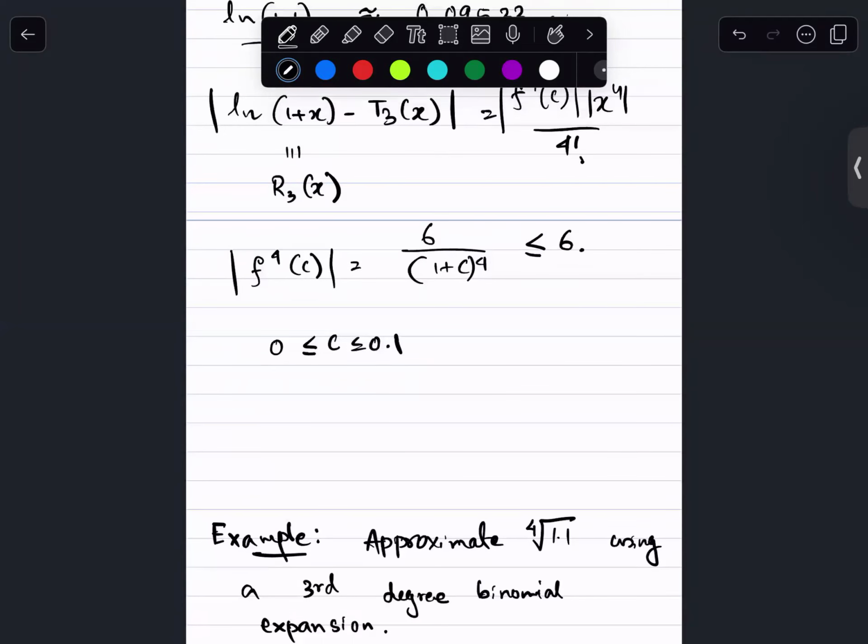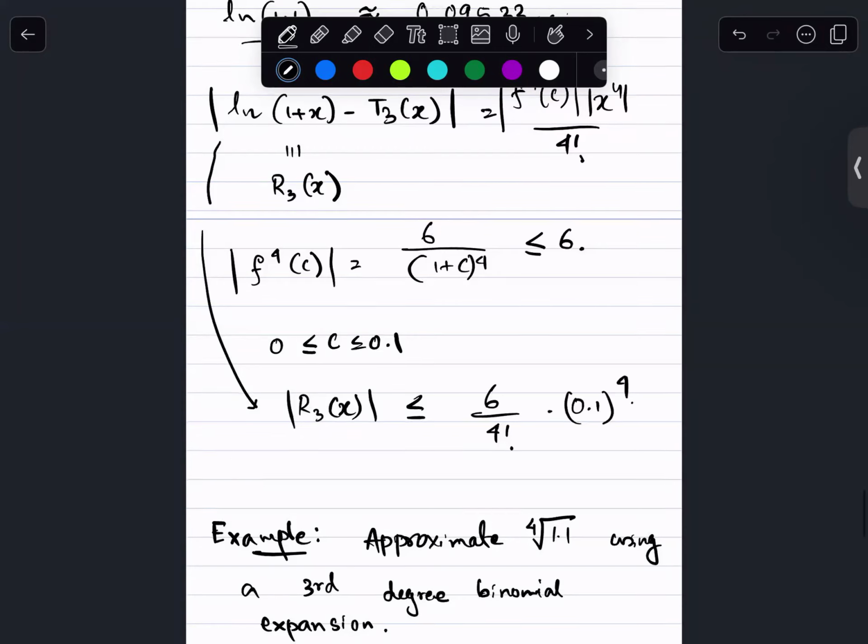From this line, what follows is our R3 of x in modulus is less than or equal to 6 over 4 factorial times 0.1 to the 4, because x is 0.1.